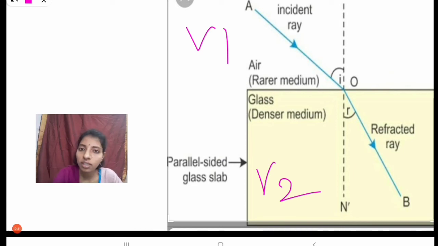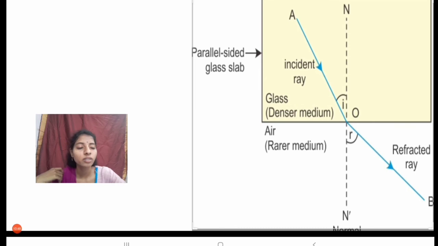After, we saw that V1 is the glass medium and V2 is the air medium. So from this we can see that when V1 is greater than V2, then we can say that it is a denser medium. And when V1 is lesser than V2, then it is a rarer medium.